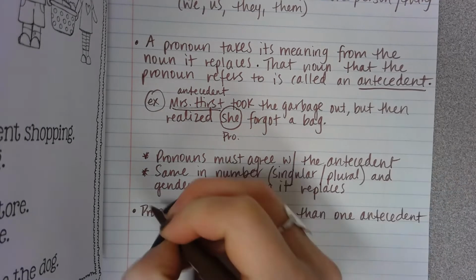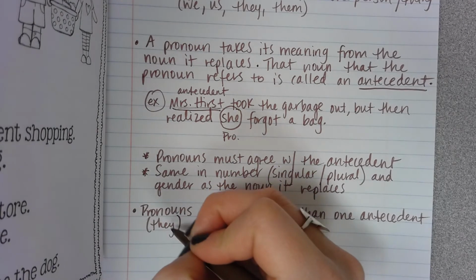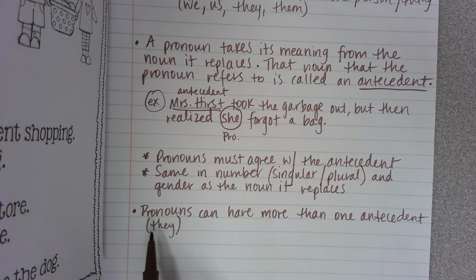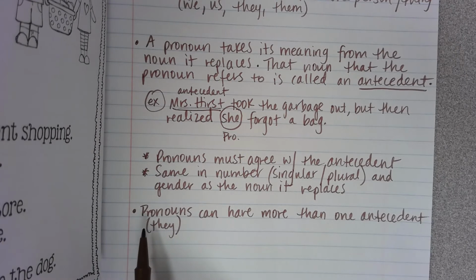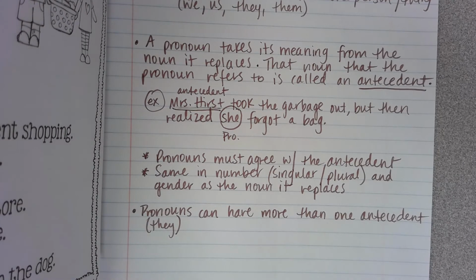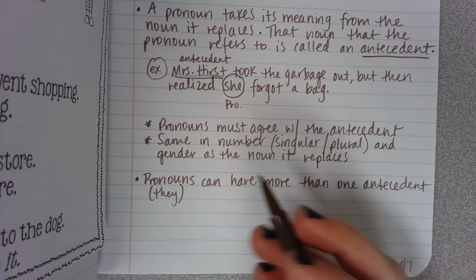So if you see the word "they," or "us," or "we" in a sentence, you're going to find all of the people or the things that are being referred to with "they." So if "they" was used later on in a sentence, or the sentence after the original noun was mentioned, you want to make sure that you find all of the people that "they" is referring to. So then I kind of give you a clue in the next point here in the last part of the notes we're going to write down.